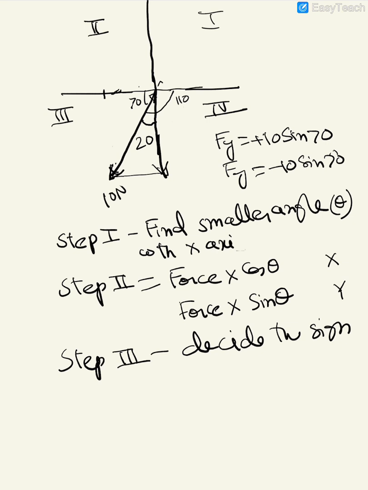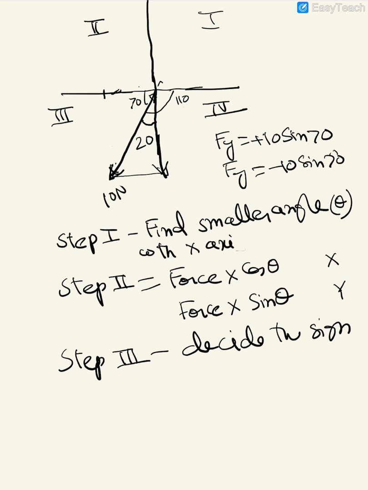I hope you can use these steps. Remember these steps, use them, and this will be easy, because sometimes students do make mistakes about which angle to take. Whatever the angle, if it's given with y-axis, forget about it. Find the smaller angle which the force makes with x-axis. That should be your first step.